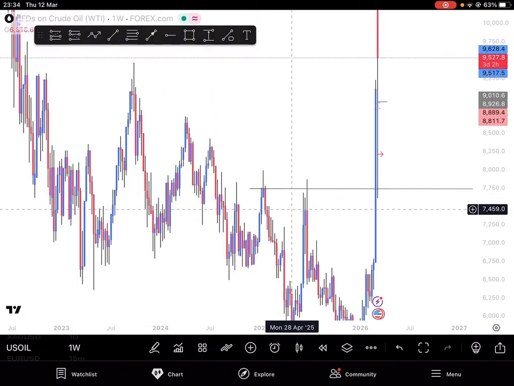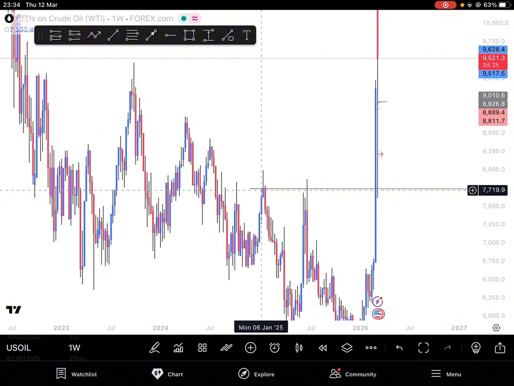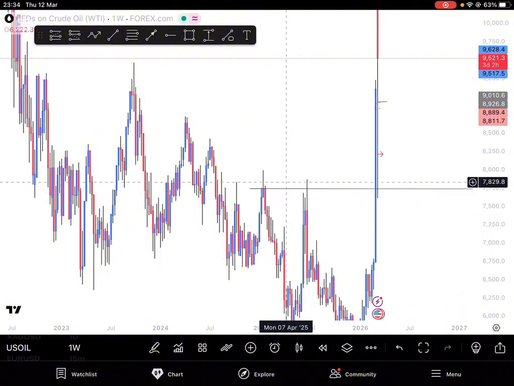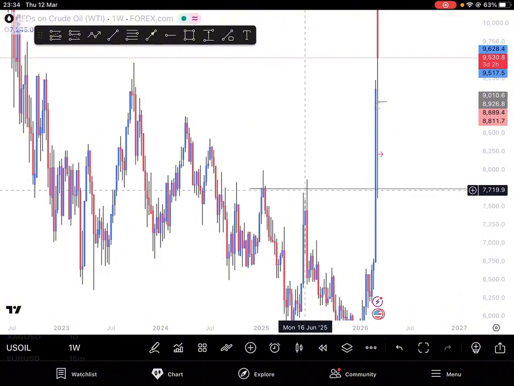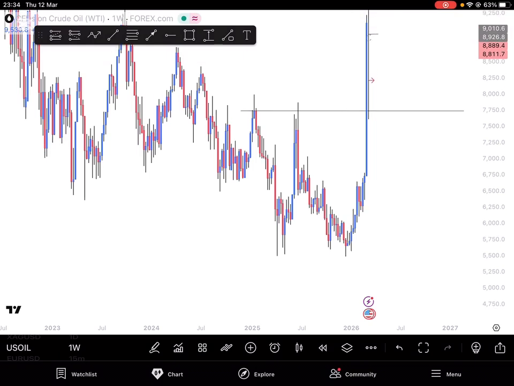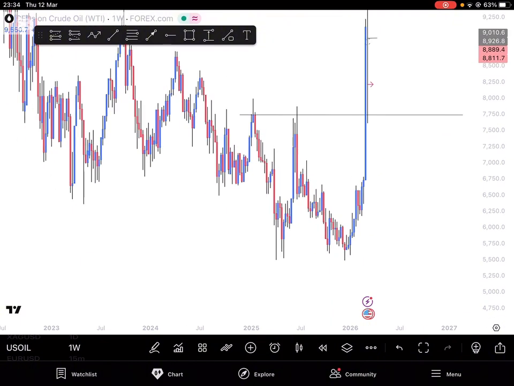And this particular A-shaped key level is responsible for all this. When price gets to this A-shaped level, see the way it sold from it. So this A-shaped level is responsible for all this sell.